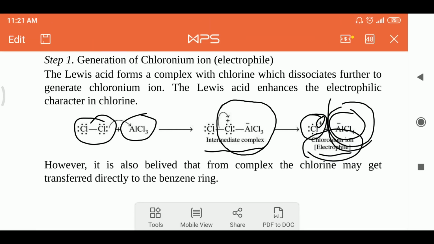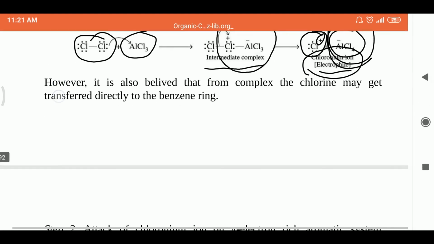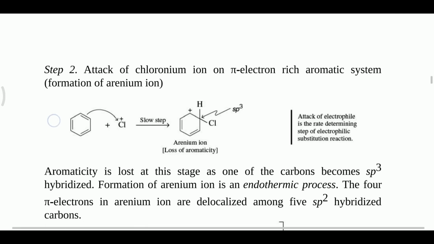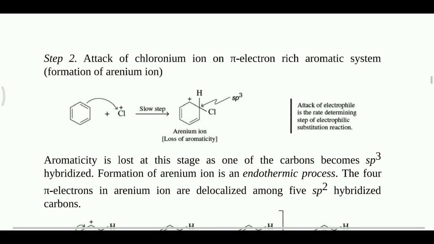Now this chloronium ion binds with the benzene ring system. You can see here, attack of the chloronium ion on the pi electron rich aromatic system, that is formation of the arenium ion. We can see that in the first figure.